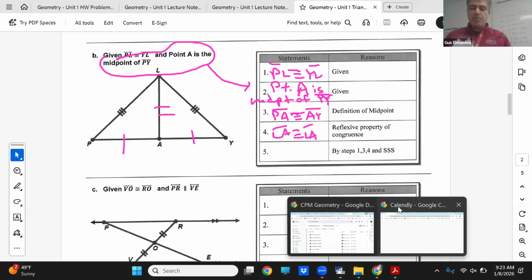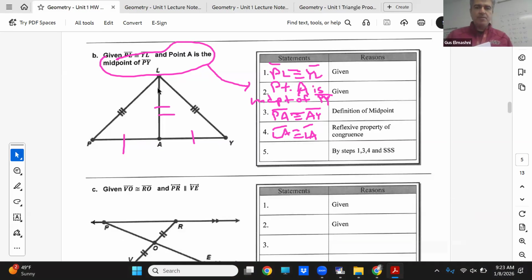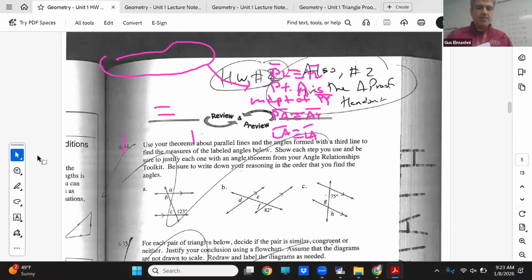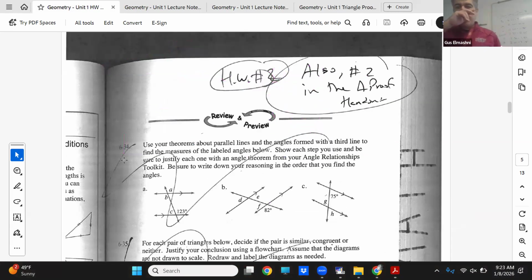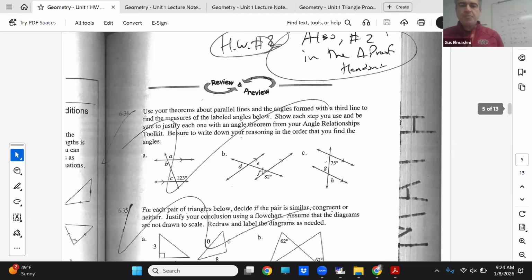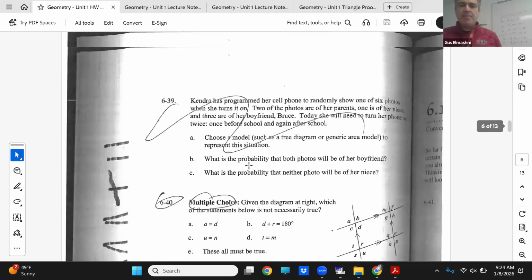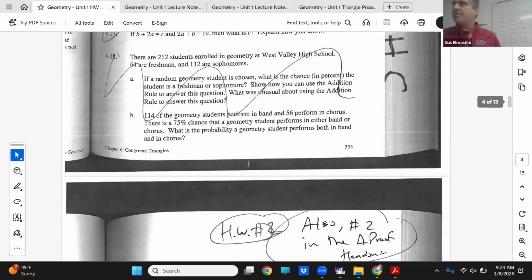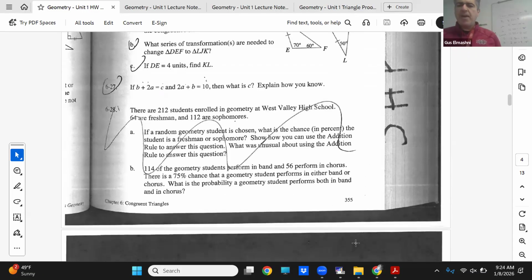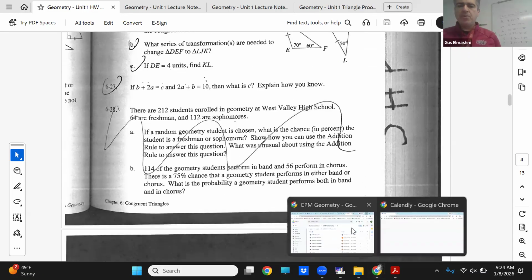So the homework is going to be the textbook problems and then the triangle proof handout. I think it's A through H. Let me go to Schoology really fast.